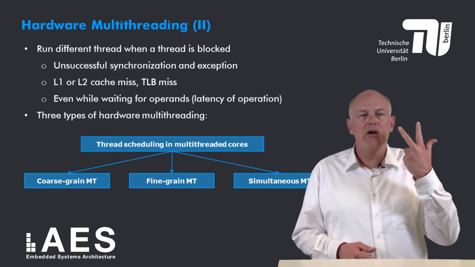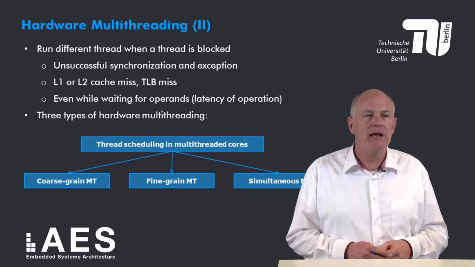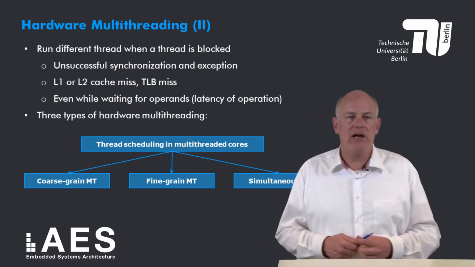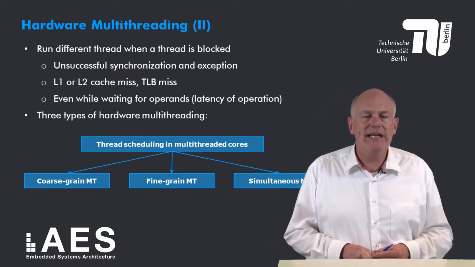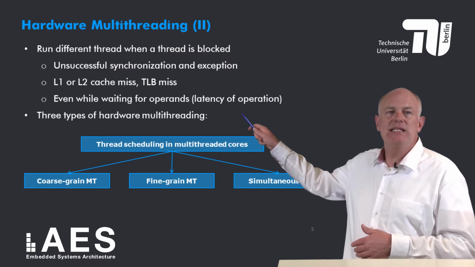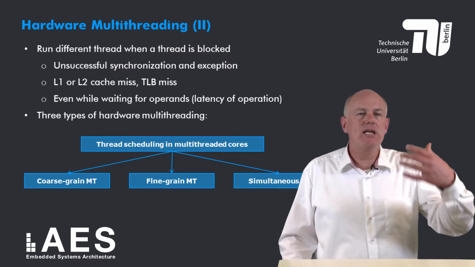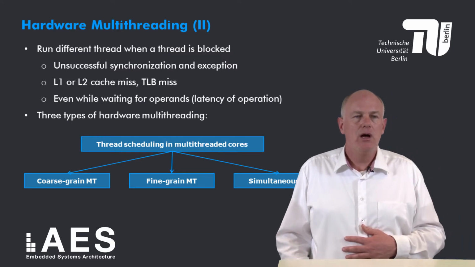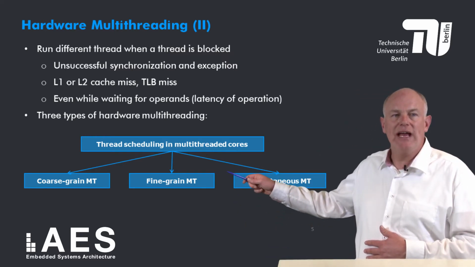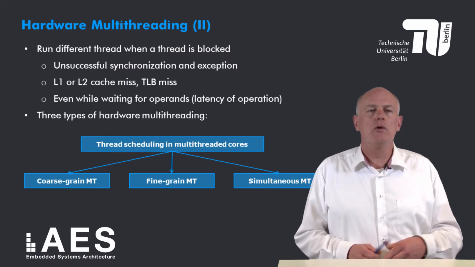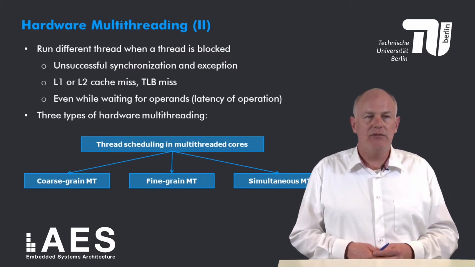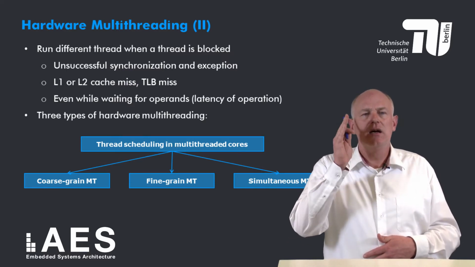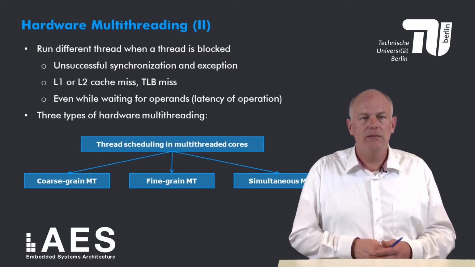Roughly speaking, there are three types of hardware multithreading. The first one is called coarse-grained multithreading, also called block interleaving. That's basically what I described here. We start another thread when the current thread is blocked. Another approach is fine-grained multithreading, also called cycle-by-cycle interleaving. That means that every cycle we fetch an instruction from a different thread.